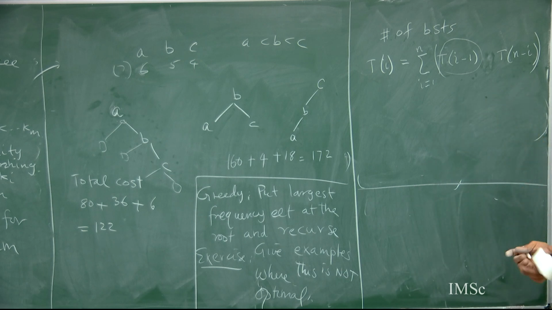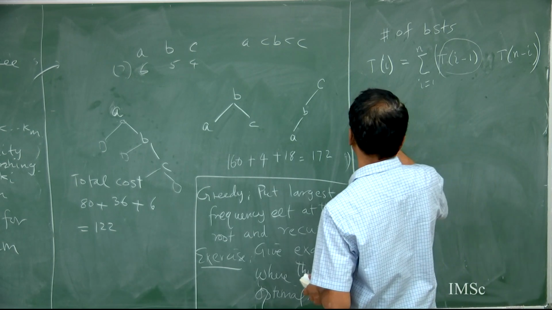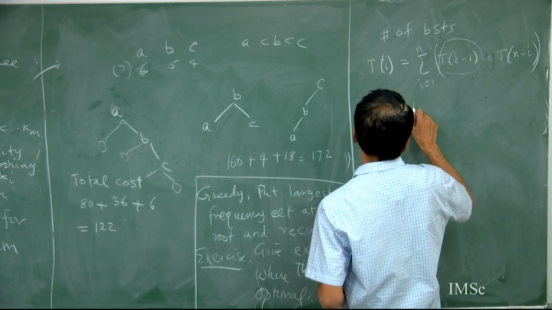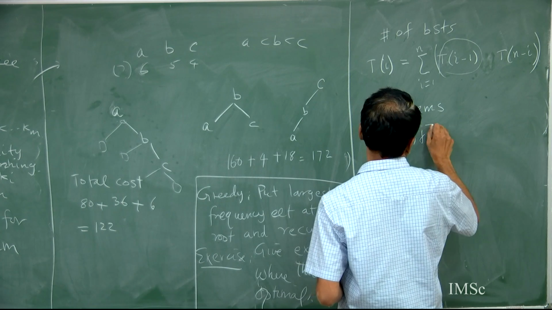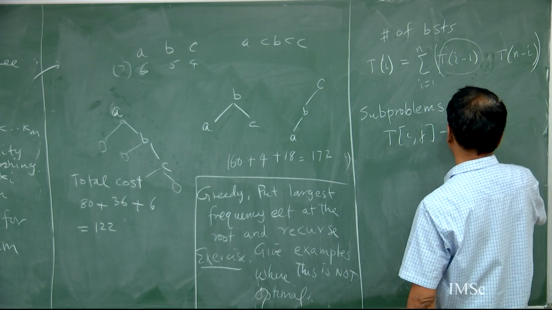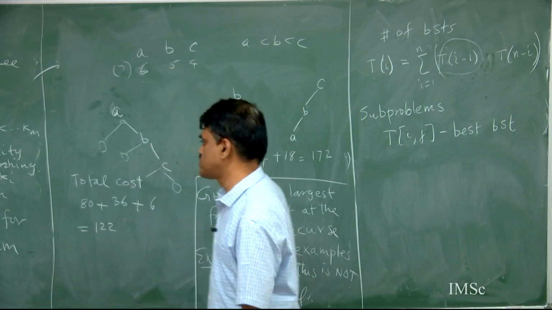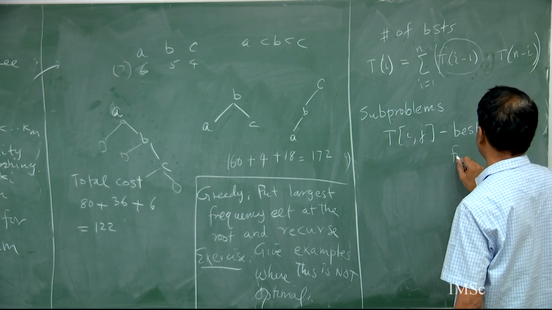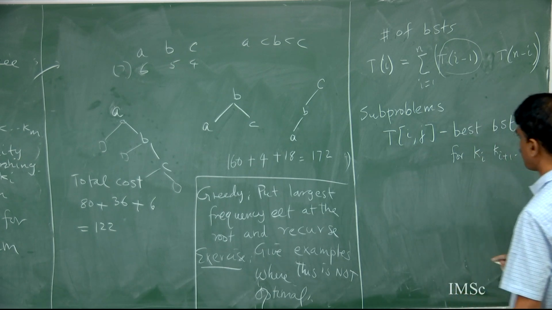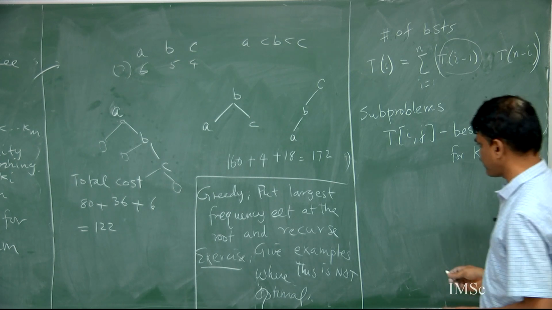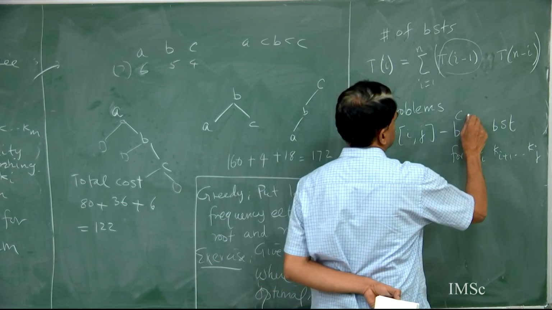In general, the subproblems would be T of i,j: the best binary search tree, best meaning that it minimizes the expected cost, for k_{i+1} up to k_j, for all possible values of i and j. Then we know the cost.